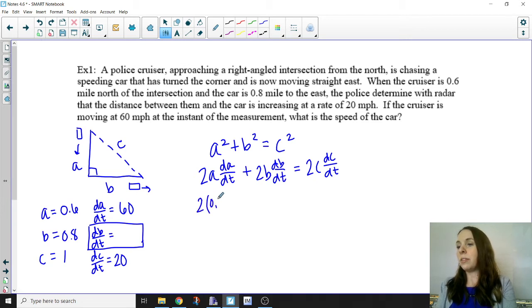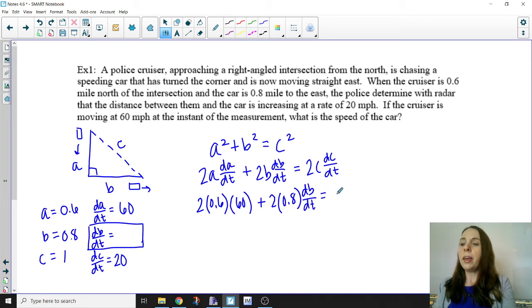We can fill out 0.6 for A, 60 for dA over dt, 0.8 for B. dB over dt is our unknown, so it stays a variable. And we already found out from a little side calculation, some mental math here, that C is 1, and we were given that dC over dt was 20. Okay, from there, solve.